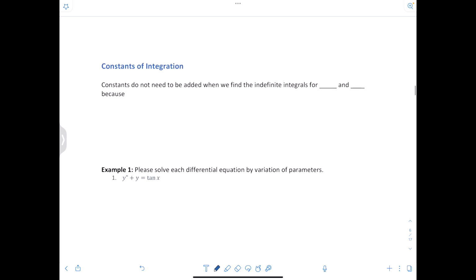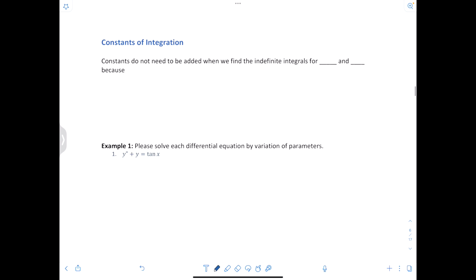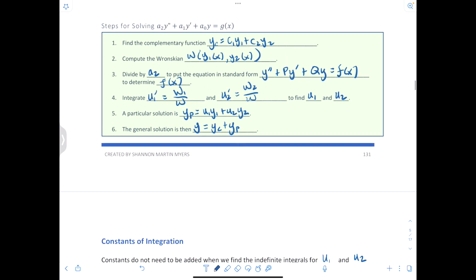Now, as far as constants of integration go, constants do not need to be added when we find the indefinite integrals for u1 and u2, because we've got y is equal to yc plus yp, right? So then you have some c1 y1 plus c2 y2 for your yc, remember we looked at that back here.